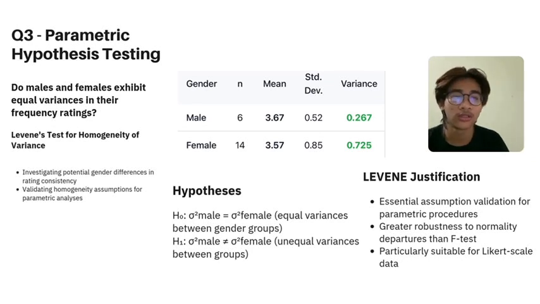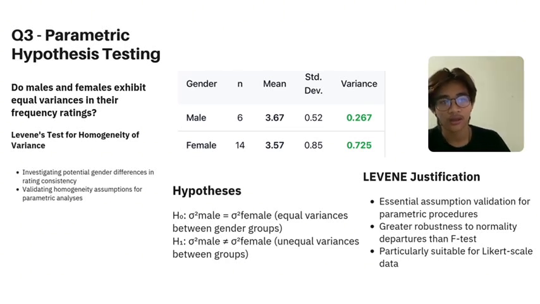For the data here, for the male we have n of 6 with a mean of 3.60, standard deviation of 0.42, and we got a variance of 0.267. And then for the female gender, we have 14 with a 3.57 mean and 0.85 standard deviation.